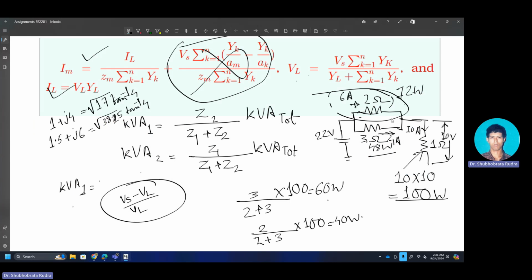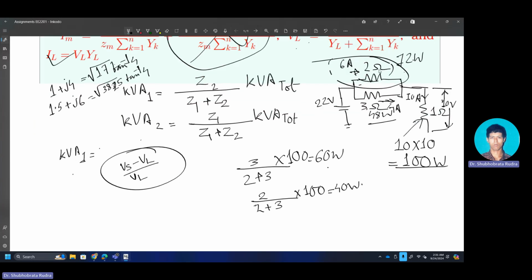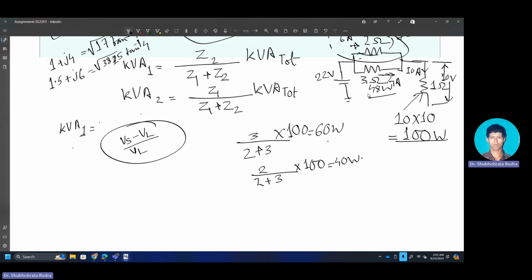Suppose you have these two parallel branches, the amount of regulation is 12 volt, right? You are getting a 12 volt drop due to this branch. And how much is the power transfer? That is 100 watt. 100 watt is the total power and 12 volt is the total drop.